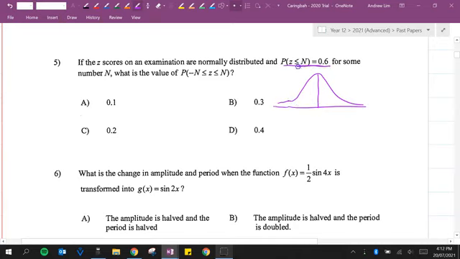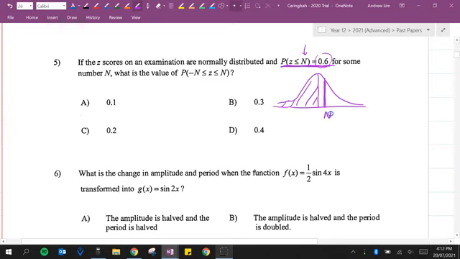Now what this is saying is that the area underneath the curve to the left of a particular z-score n is going to be 0.6. Well, we know all the way up to here is 0.5 because that's half of the area. So 0.6, let's just say is about there.